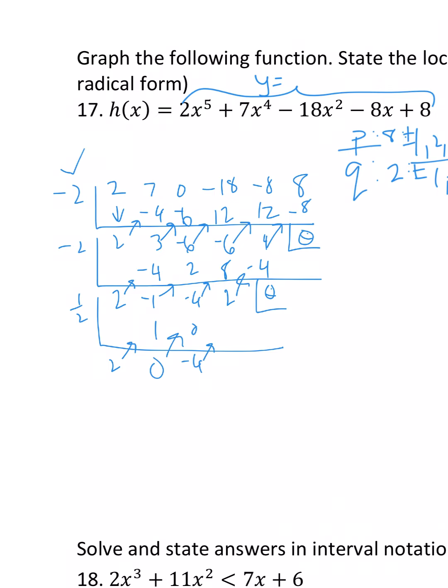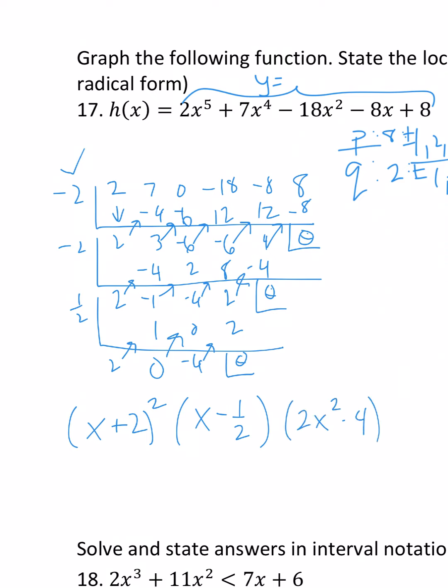And yep, that would be the case. So we have 3 roots, x plus 2 with multiplicity of 2, x minus 1/2 with the multiplicity of 1, and then I'm left with this remaining function, 2x squared minus 4.